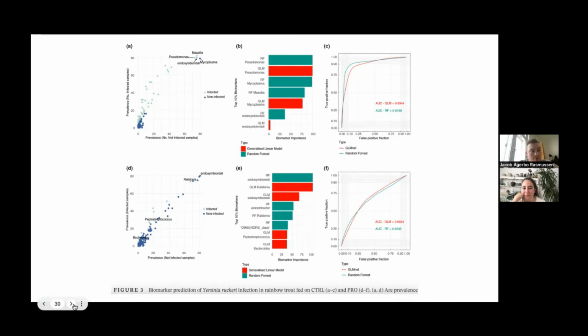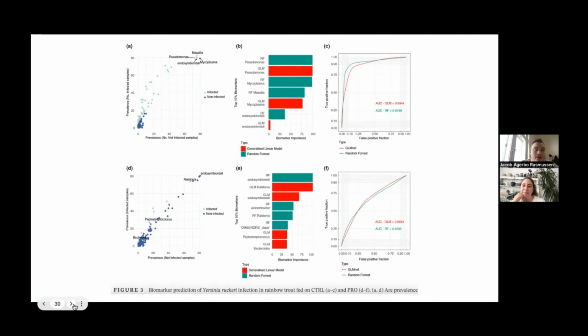Whereas we had two others, Mycoplasma and an unknown Enterobacteria called Endosymbiont 8, a very classical bacterial name, which were actually prevalent in non-infected fish. So they were biomarkers for health, mainly present in non-infected fish. And actually for Endosymbiont 8, we saw the same trend in probiotic-fed individuals.